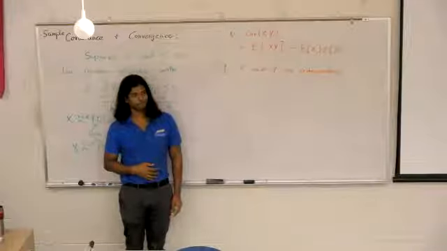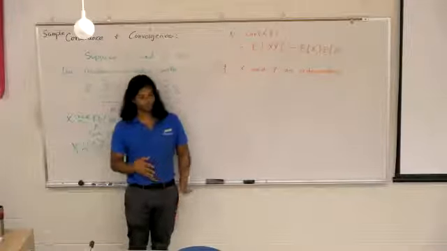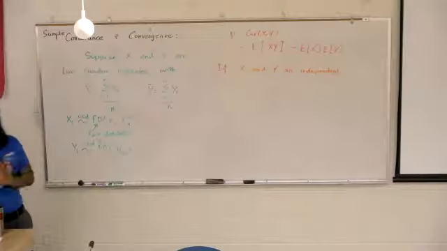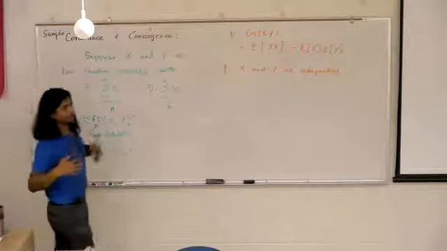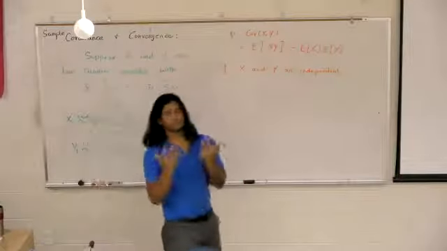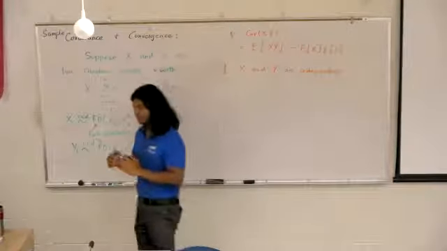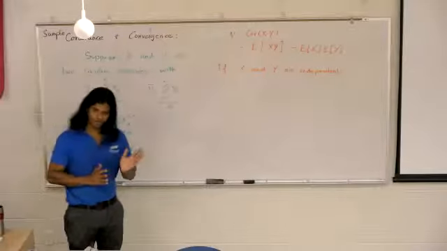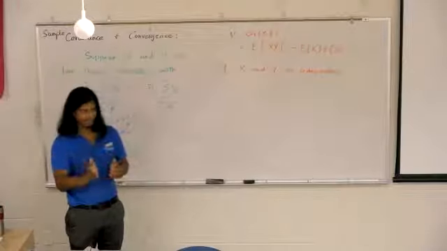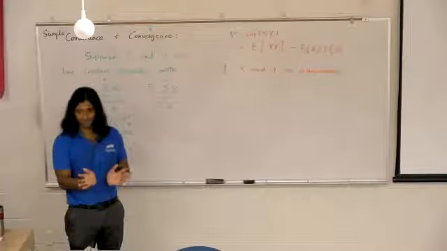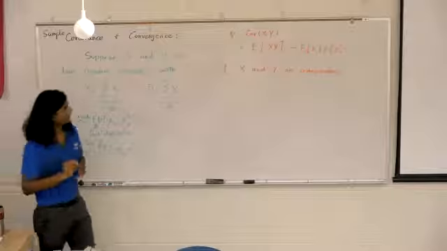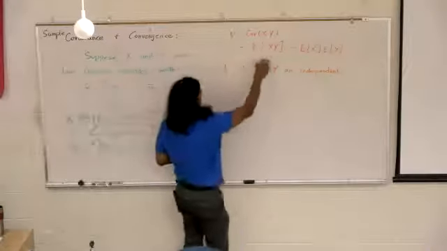Variance of x times variance of y, I'm guessing. So think carefully. If x and y have nothing to do with each other, what would the covariance be? 0. Because covariance measures how x varies with y or how y varies with x. If they don't have anything to do with each other, there will be no covariance. It has to be 0.